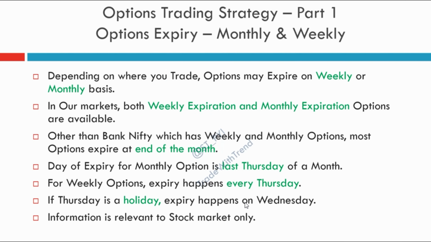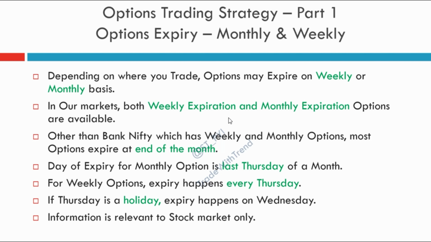So let me now come to options expiry. I had just given you a brief overview that options expire on a monthly and weekly basis. Now I'll take you through some detail here. Depending on where you trade, options expire either on a weekly or monthly basis. In our markets, both weekly and monthly expiration are available.